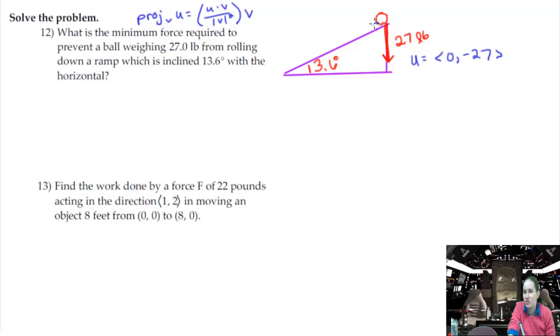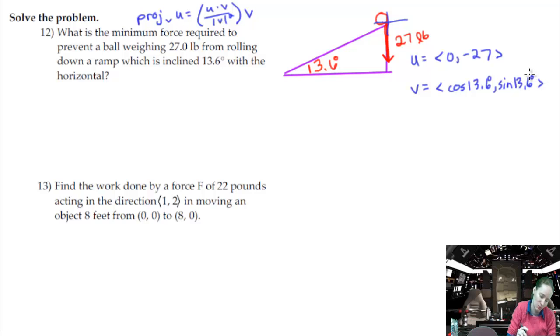Or if you needed to use the angle, that's 270. You could type in cosine and sine with that. And then our v is going to be a unit vector in the direction of the hill. So we're going to use cosine of 13.6 degrees, sine 13.6 degrees.